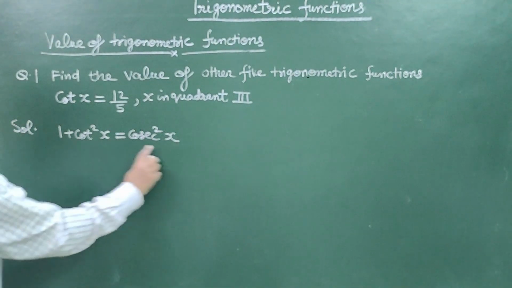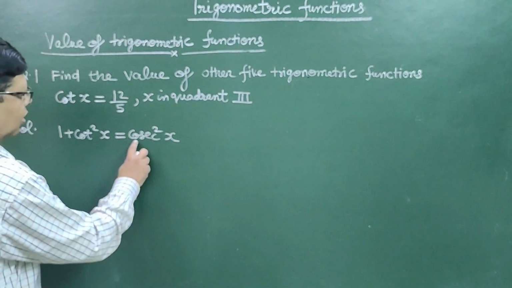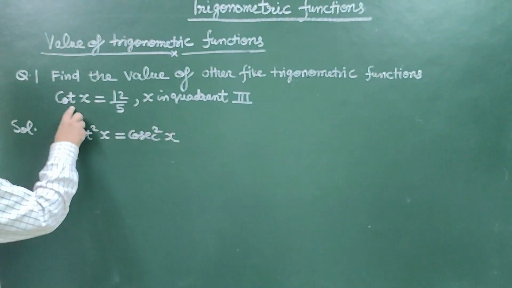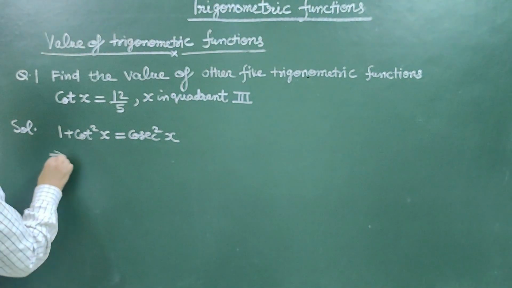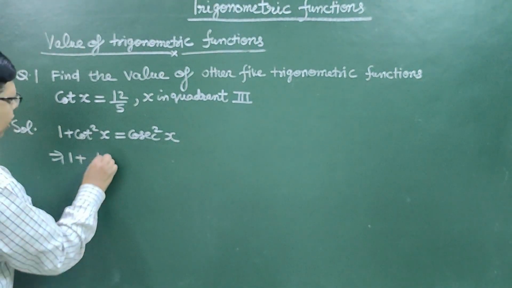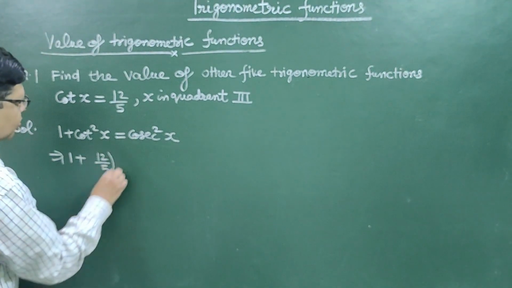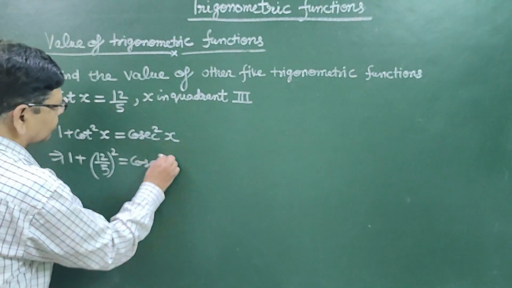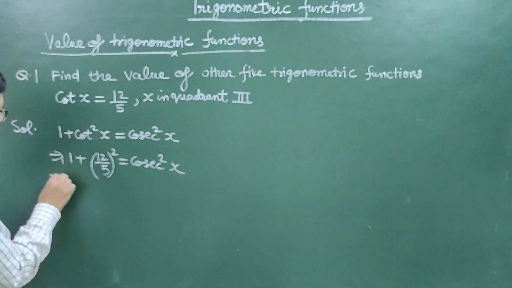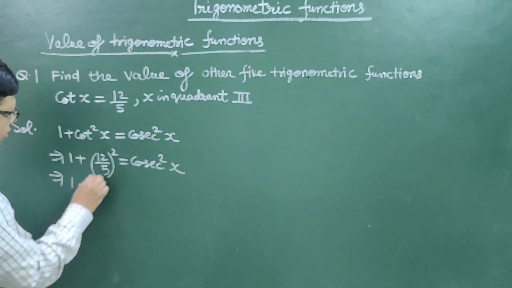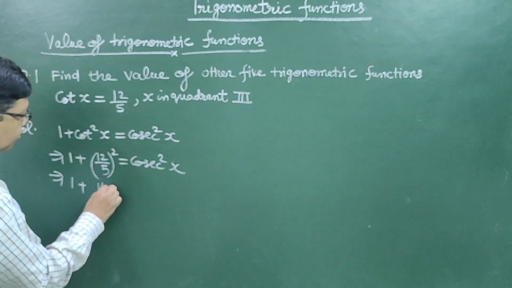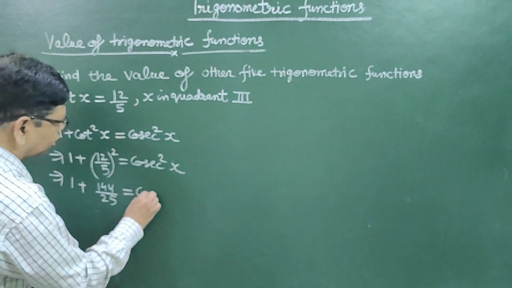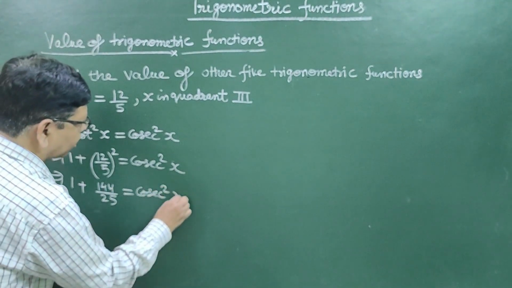With the help of this identity, we can find the value of cosec x. So putting the value of cot x here, 1 plus 12 upon 5 its square is equal to cosec square x. 1 plus 12 upon 5 square is 144 upon 25 is equal to cosec square x.